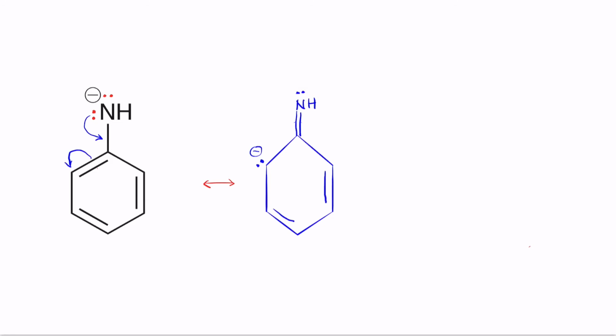Next, again the same thing happens here. This one is an allylic lone pair, which means that this is going to go here. Lone pair to double bond to lone pair again.